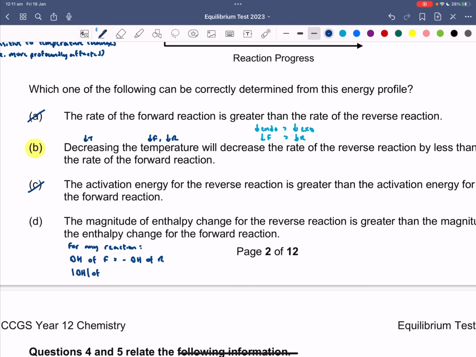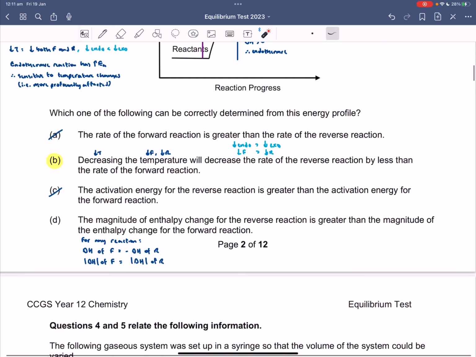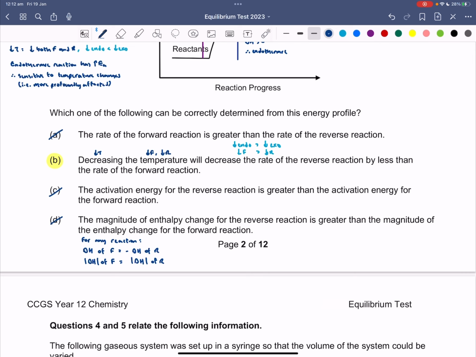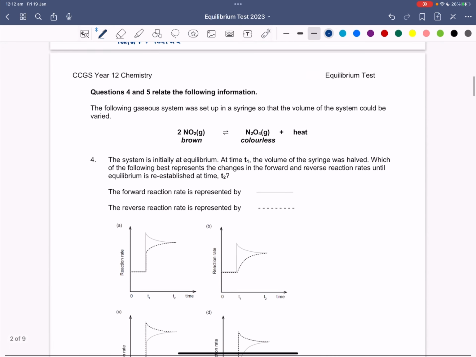So the magnitude of delta H of the forward reaction is equal to the magnitude of delta H of the reverse reaction. This option is claiming that the magnitude of enthalpy change for the reverse reaction is more than the enthalpy change for the forward reaction. That's not true, okay? So B is correct.